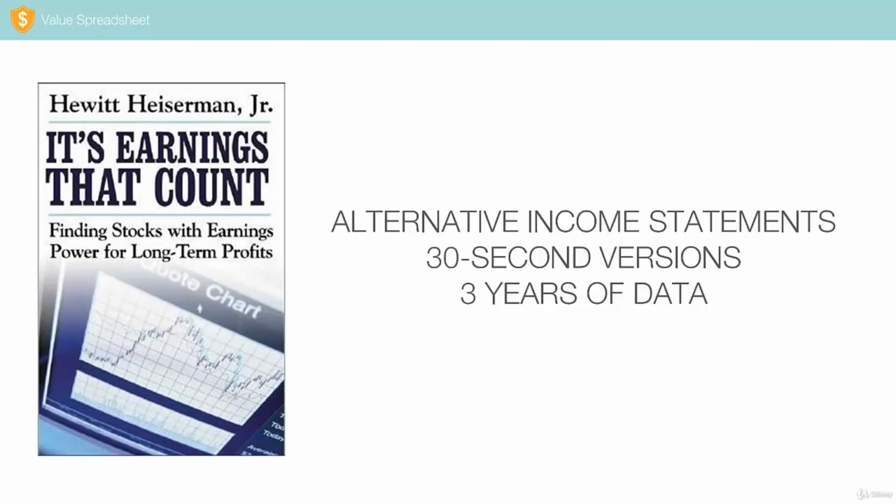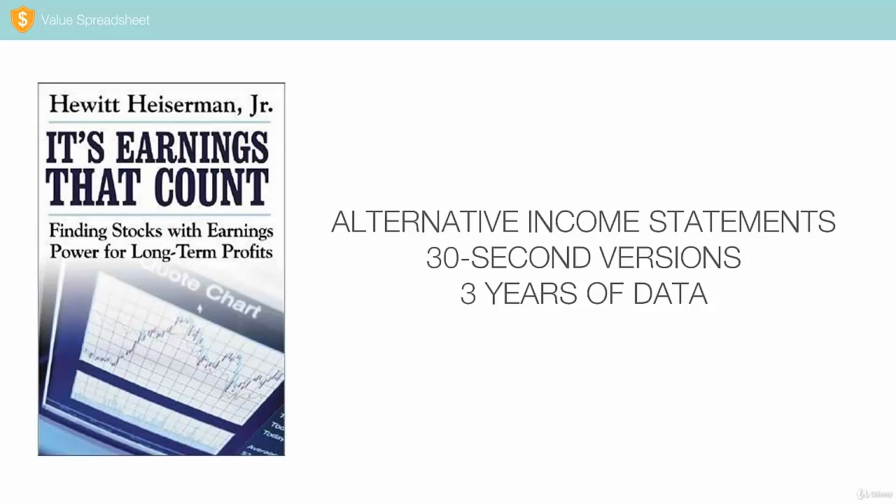Well, by creating 2 alternative income statements, which counter the flaws of the reported GAAP earnings. The process of creating these alternative income statements is quite elaborate and outside of the scope of this course, so if you are interested, I suggest you purchase the book. It's a great read.